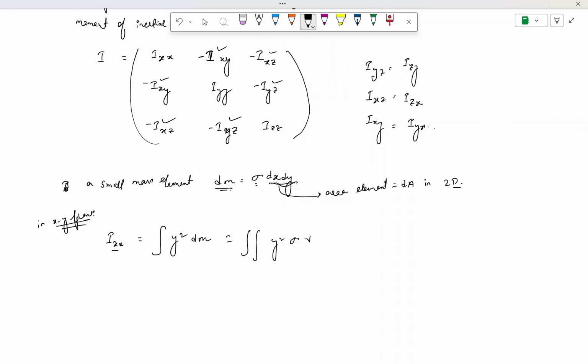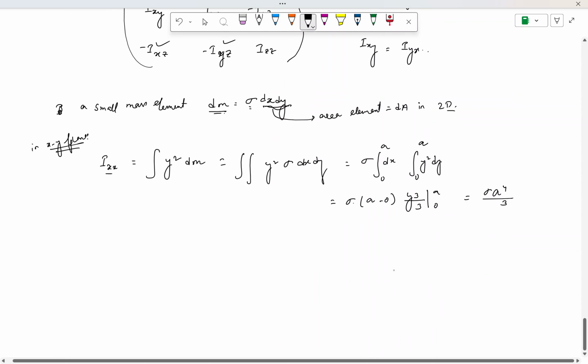So y squared sigma dx dy. So sigma dx from 0 to a, and then y squared dy from 0 to a. Sigma, a minus 0, y cubed by 3 from 0 to a. Simply sigma a to the power 4 by 3.